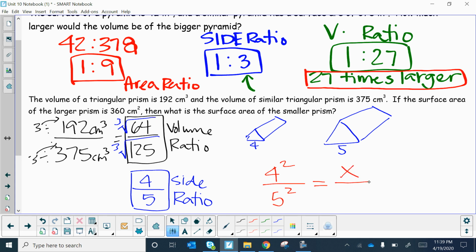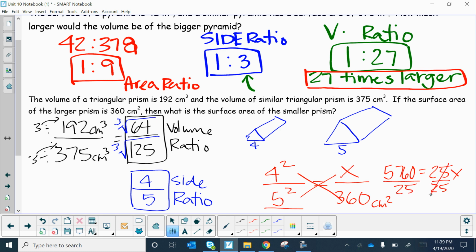Now you can write your proportion. The larger one is 360, and this is centimeters squared. And think about it, you're kind of in square units over here. Now we can cross multiply. So 4 squared times 360 is 5,760, and then equals 25x. I'm going to divide by 25, divide by 25.